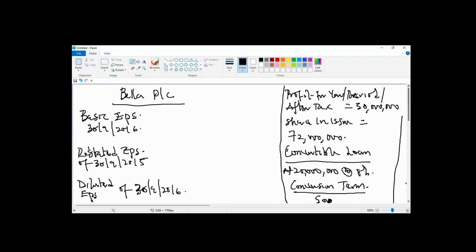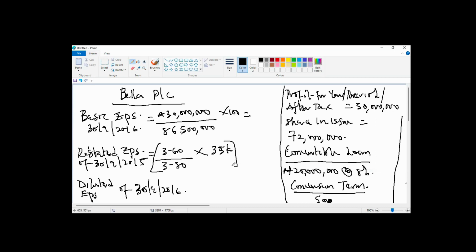So earnings per share will be 30 million divided by 86,500 times 100. Then to restate, that would be 3.6 over 3.8 times the earnings per share of the previous year, which has given us 35 kobo.